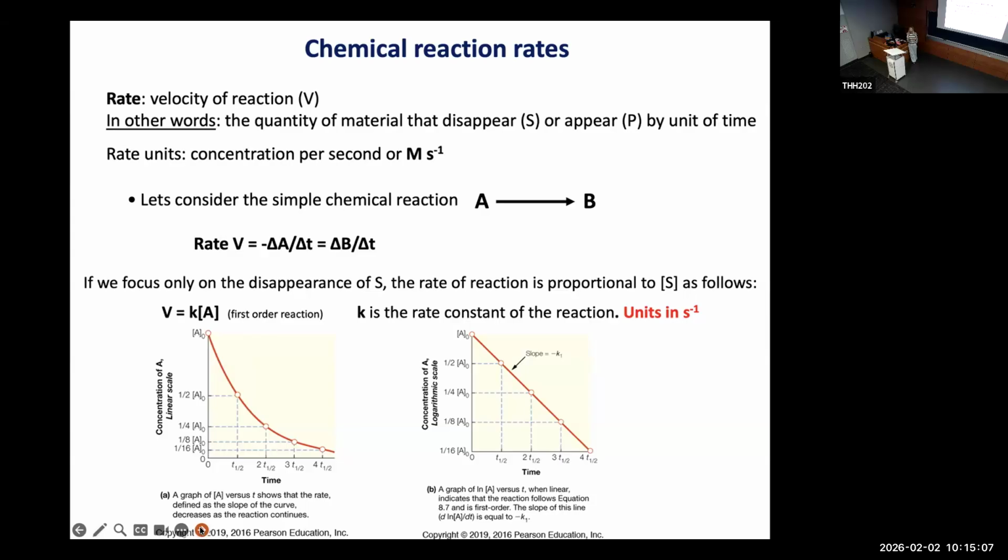So both of those describe velocity. So how fast is that? For every A that you use up, you would get one B in this reaction.